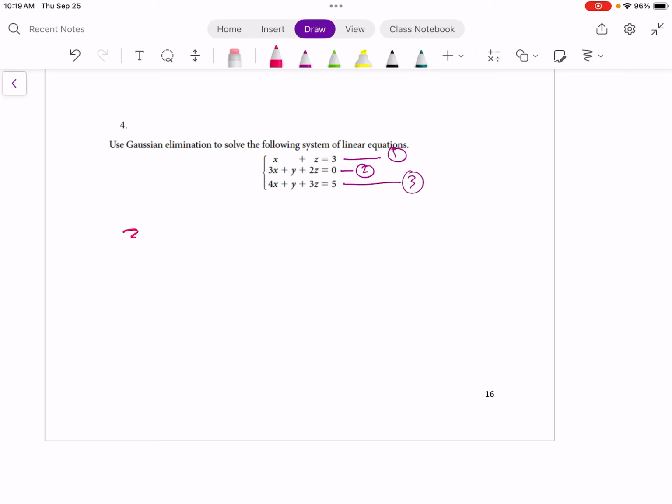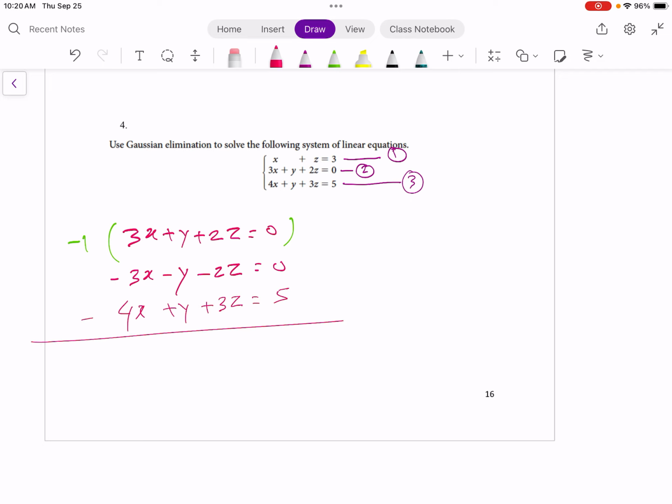So we have equation 2, 3x plus y plus 2z equals 0. We multiply this equation by negative 1, so we have negative 3x, negative y, negative 2z equals 0. And we add this equation with equation 3, which is 4x plus y plus 3z equals 5.